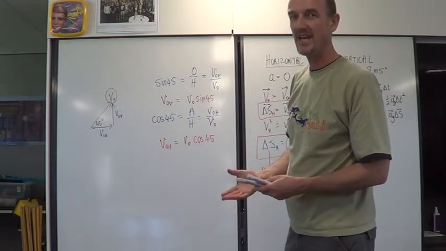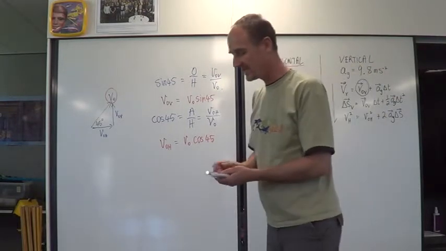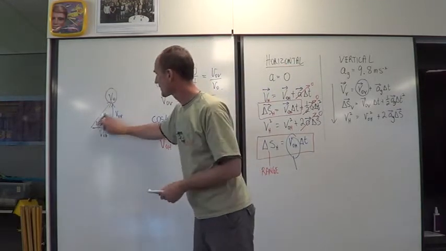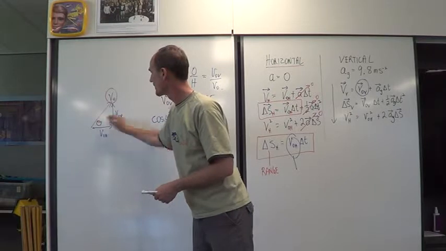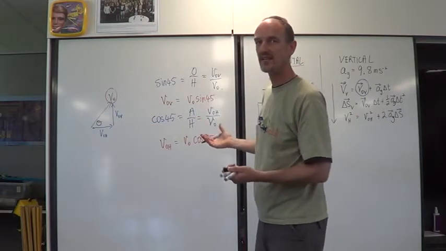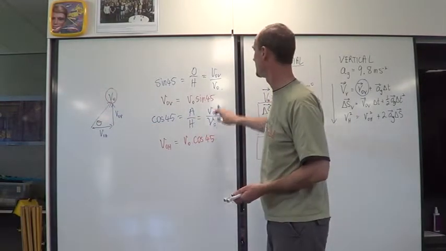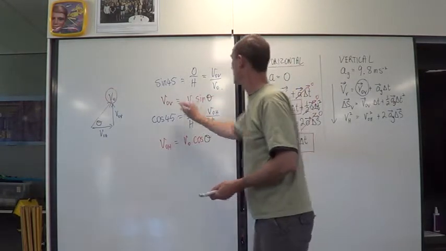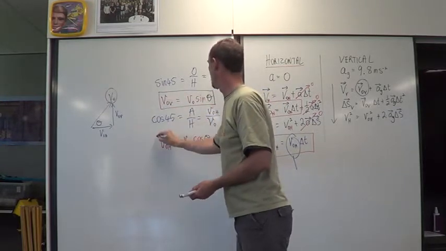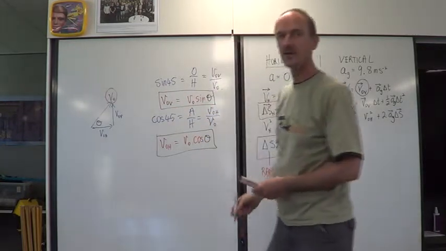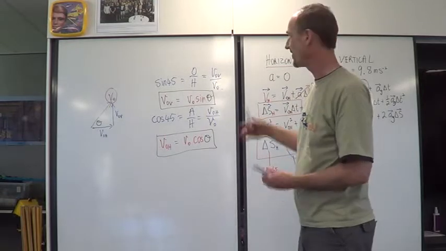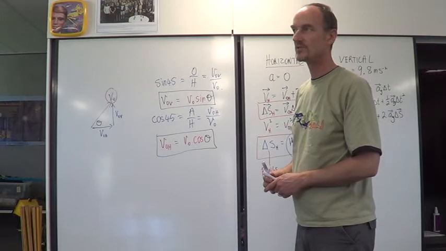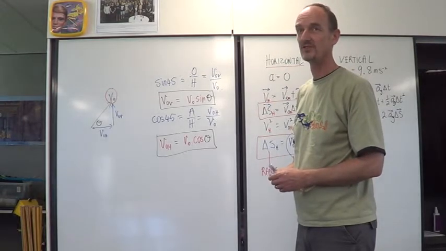Now, if we had an angle other than 45 degrees, let's just say it's angle theta, then our generalised formulas become those two. And with that information, now you can actually set about solving some problems with projectile motion. So good luck.